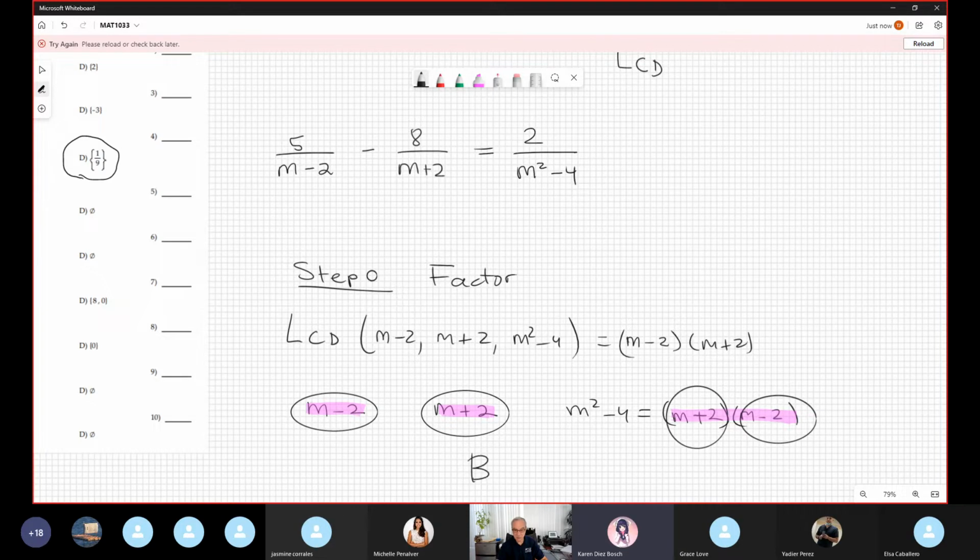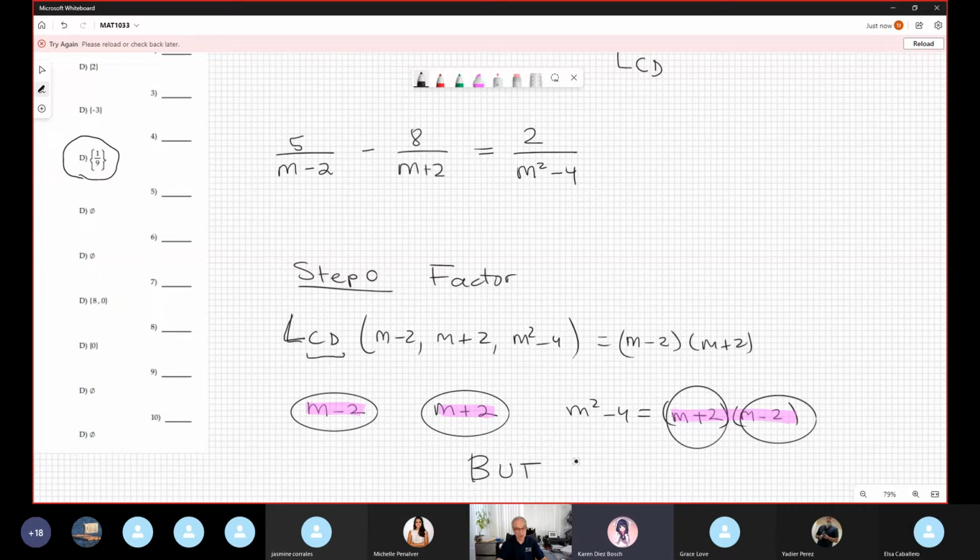But, big but, there is repetition. In the repetition, don't take the repeated ones, because this L is very important, because it's least common. If you take everything and don't care that it gets repeated, you don't get the least common denominator. You get a common denominator, but not the least. You need to remove repetition.